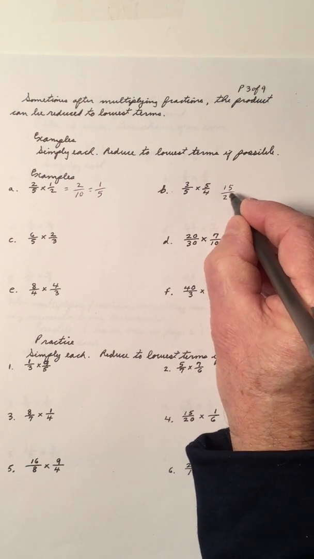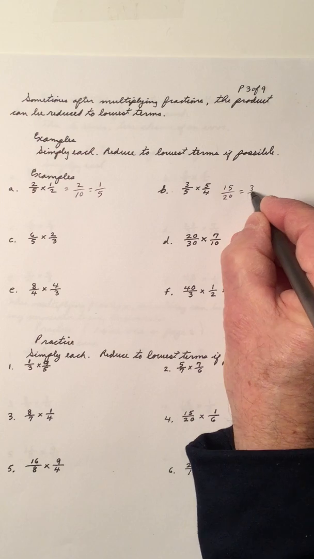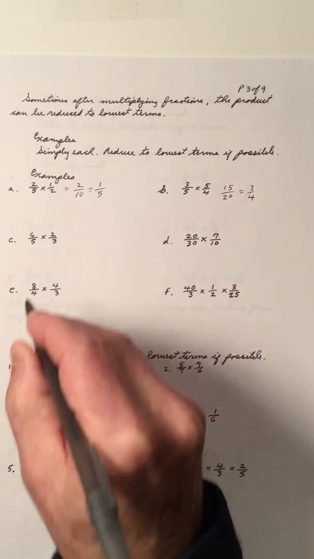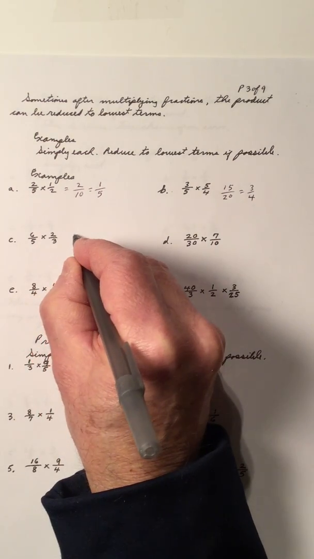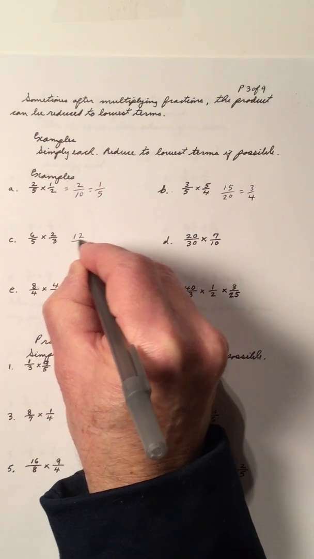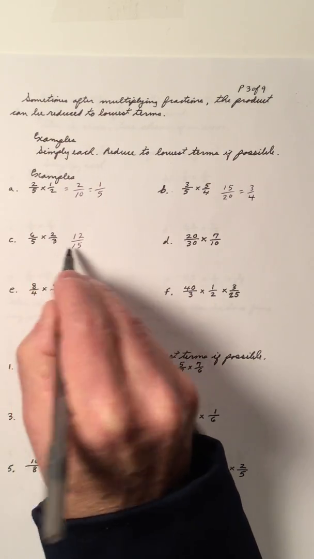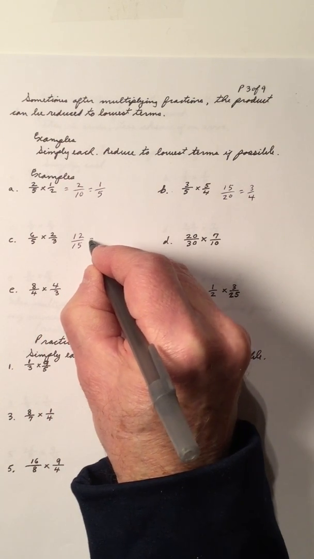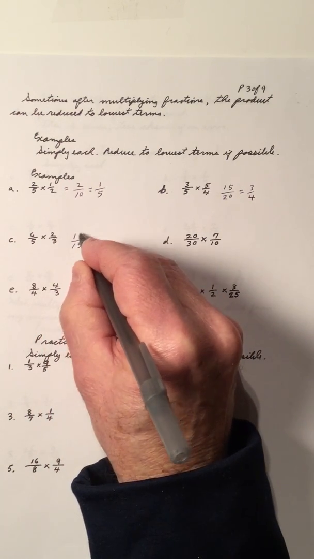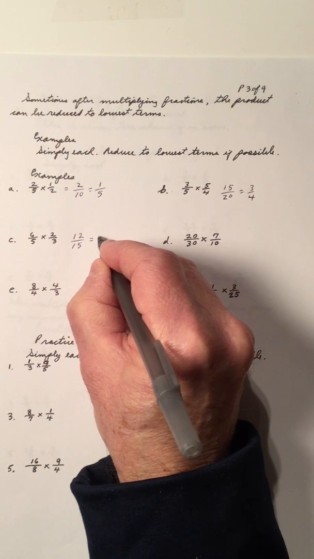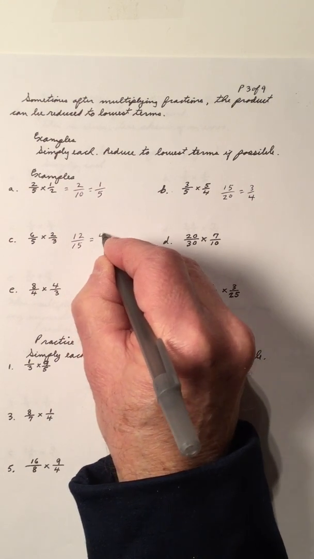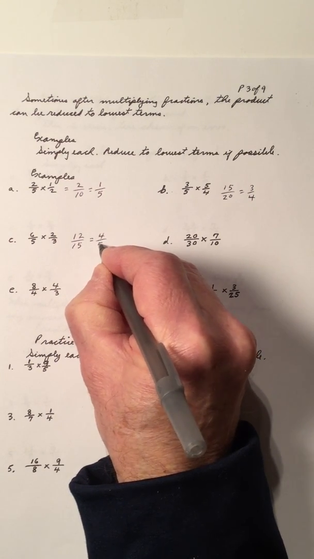Notice, 5 is a factor, 5 into 15 goes 3, 5 into 20 goes 4. 6 times 2, you're multiplying the numerators and you're multiplying the denominators. 12 and 15 when you multiply. Again, 3 is the GCF here, greatest common factor. 3 into 12 goes 4, 3 into 15 goes 5.